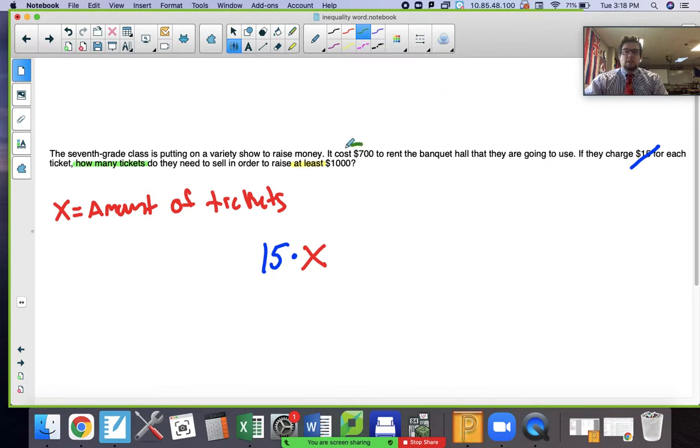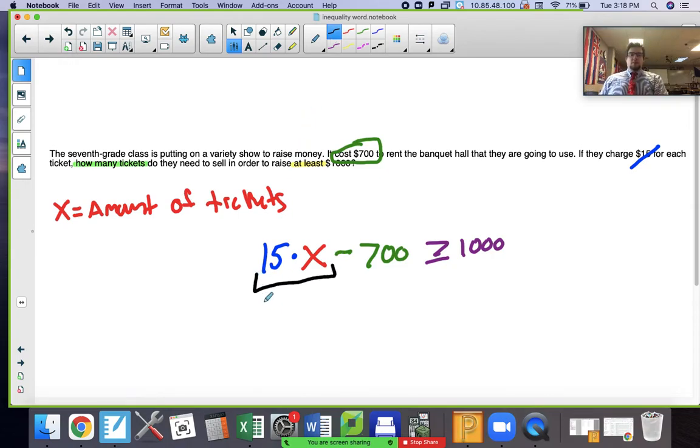At one point, I spent $700 to get this ball rolling. So I lose that $700 off of my profit. And overall, I want to make sure that I make $1,000 at least. So if we look at this inequality and break it down, here's how much we get for the tickets.